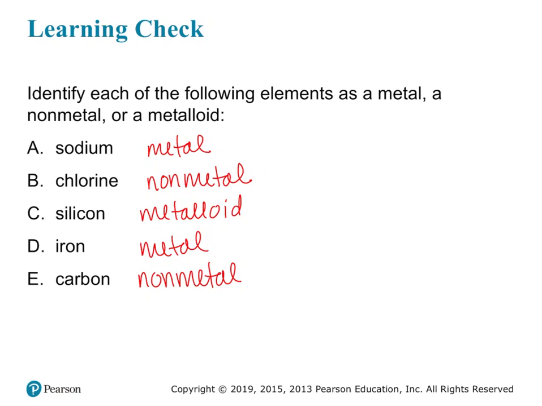Carbon can also form diamond, which is a really tough stone. And diamond doesn't really bring about images of dull and brittle, right? But carbon is a non-metal, so we will keep it that way.